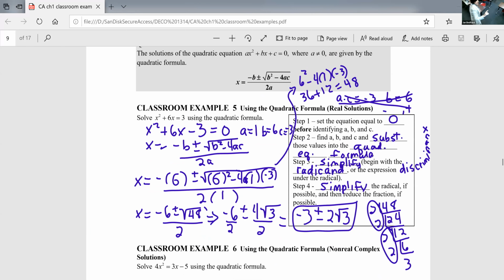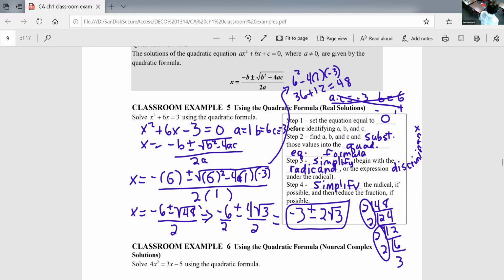Okay, so this is the quadratic equation formula. How do we remember it? That's right. You got a little D. You're going to sing. Da da da da, da da da da. Come on. Negative b. Say it with me. Plus or minus the square root of b squared minus 4ac over 2a.